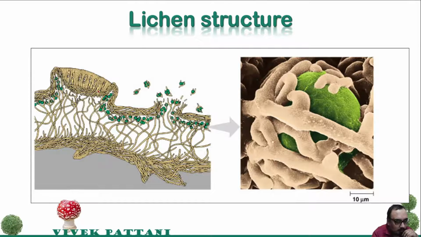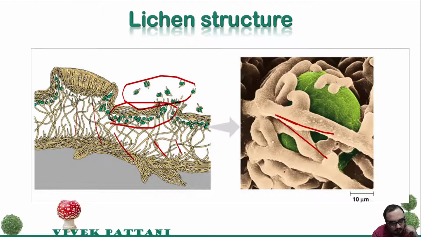Now please have a look at the structure of the lichen, where the green cells here are of algae, and the rest of the filaments are of fungi. The algae is covered by the fungi.